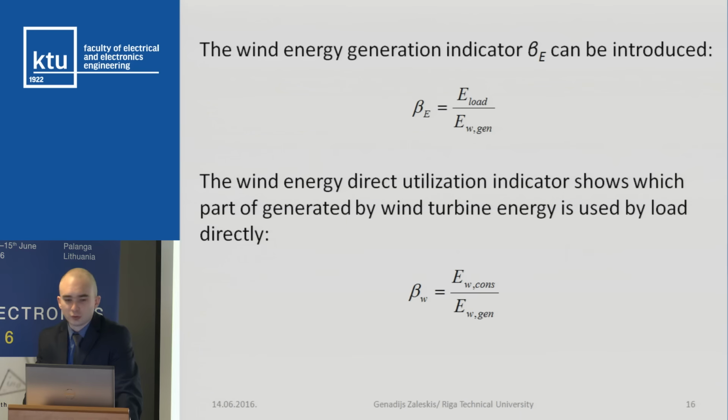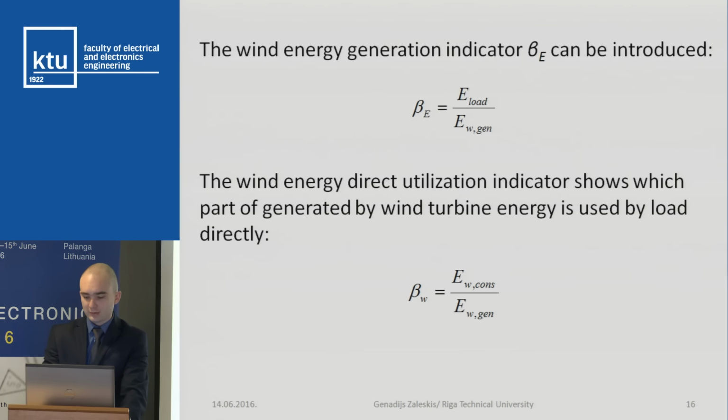We can introduce the wind energy generation indicator, beta E, and the next indicator, the wind energy direct utilization indicator, which shows what part of the energy generated by the wind turbine is used by the load directly without transferring to the grid.